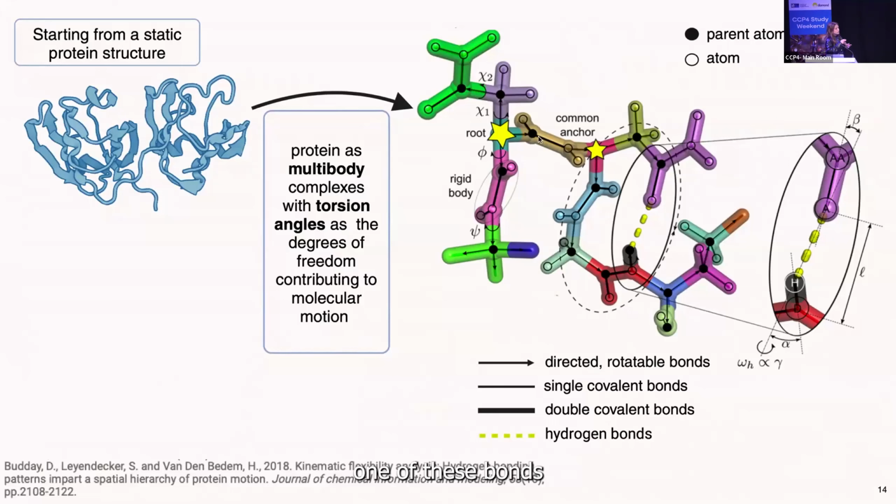Each one of these bonds will create a rigid body in the protein. For example, each color here represents a group of atoms that are rigid inside the protein. So here, the green one is a rigid group of atoms, and the purple one as well, but there is movement in the torsions between them.